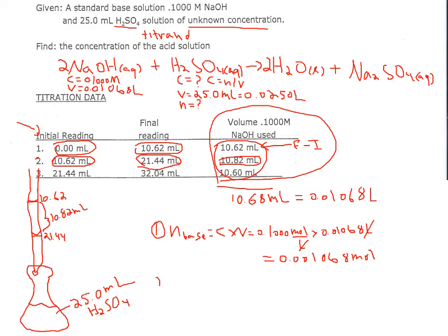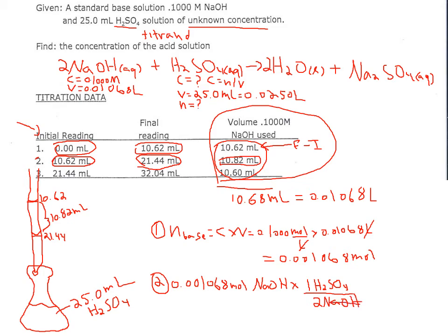Our next step is to do our mole ratio to find how many moles of H2SO4 must have been in there. We know it's a 2-to-1 ratio, which means we're basically dividing the moles of base by 2. So we're doing 0.00168 moles of NaOH multiplied by 1 mole of H2SO4 for every 2 moles of NaOH, so you're dividing by 2, or multiplying by half, it's the same idea.